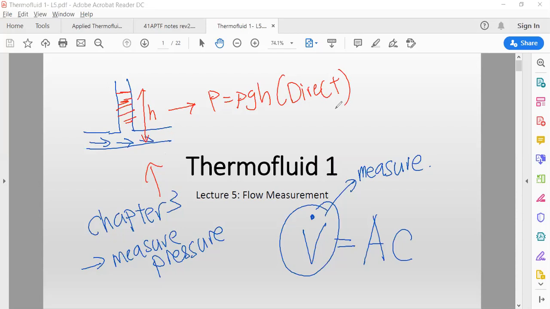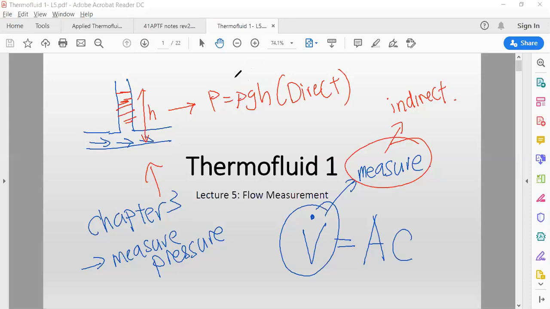On the other hand, for chapter 5, it is not so easy, because for flow rate measurement we have to go through an indirect measurement. As I mentioned, for the flow rate we are going to go through indirect measurement.